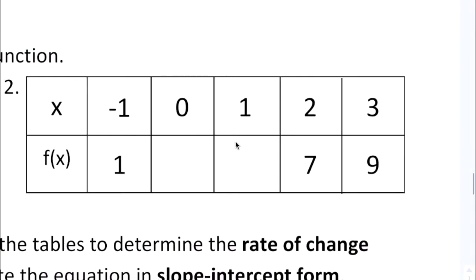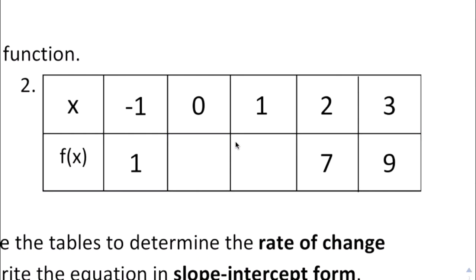For number 2, if you look at this, my x's are going up by 1s again, but my y's are going up by 2s. This one is not as easy to see because you're not just multiplying your x by something, you are also adding somewhere.